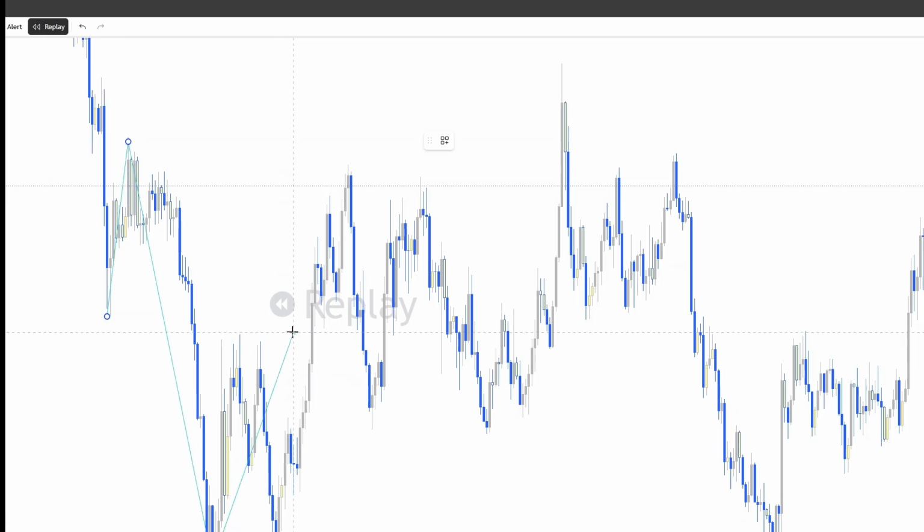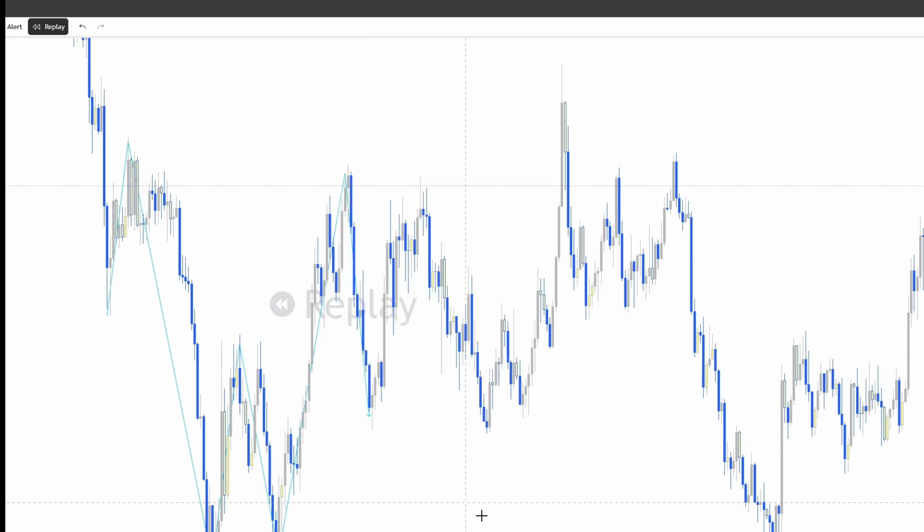It came back again, tried to catch up with the supply zone, but it did not. Then it pulled back again and started to move up again. Then I was like, okay, if price pulls back and comes back to this supply zone, this tells me the market is still in sell. So I will be looking for sell.